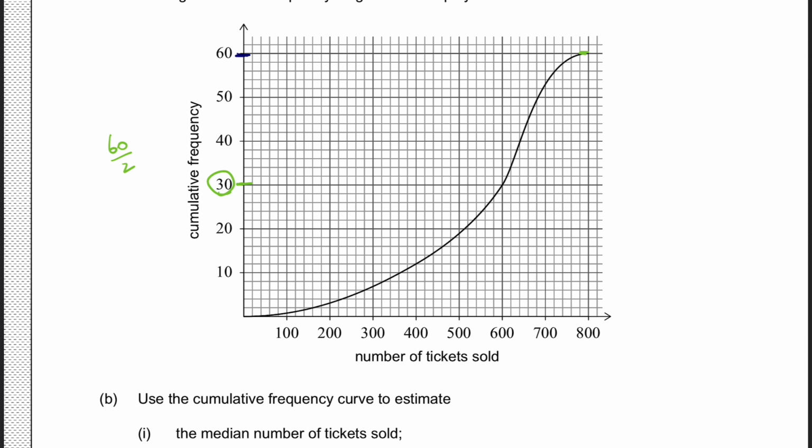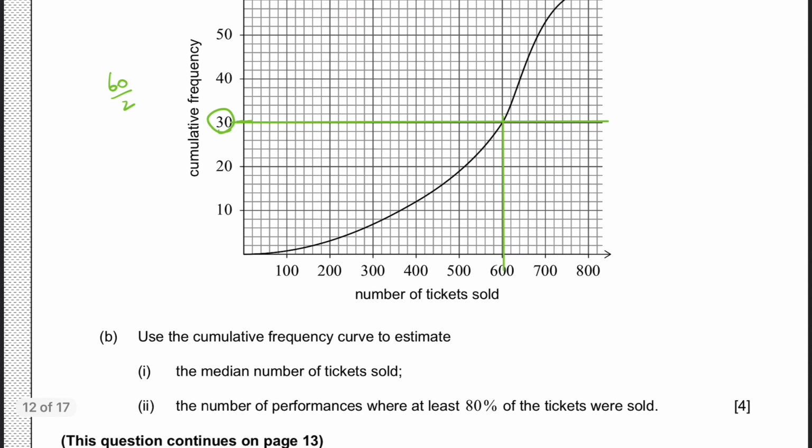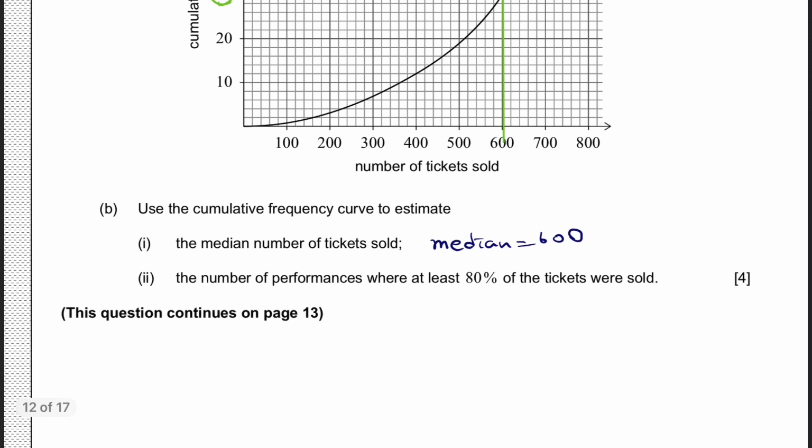Then we figure out where this 30 meets the graph, and where this point meets on the x-axis. We can see that the median value is 600.